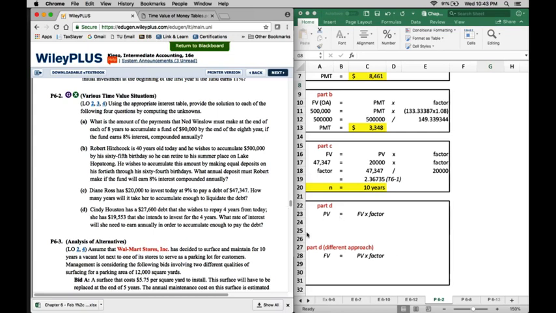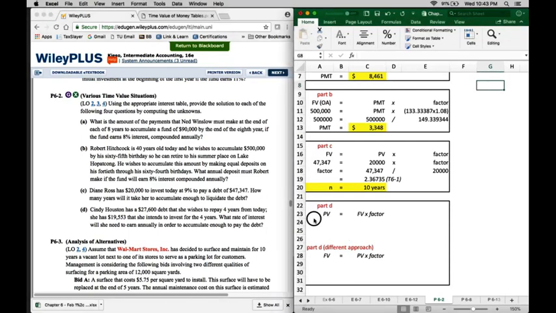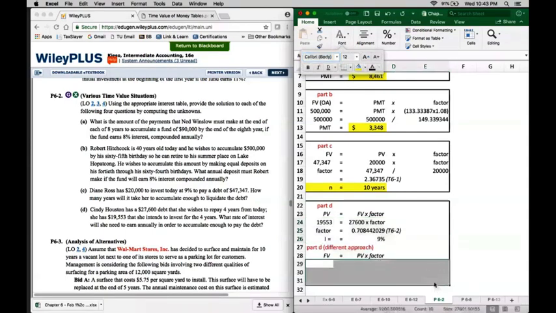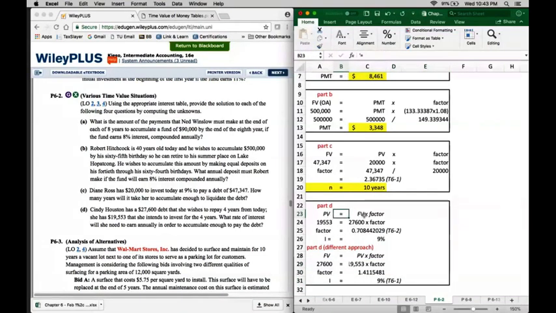So again, I know the present value, I know the future value. So I can look at it either way at table 6.1 or 6.2 to arrive at the answer. I'm going to highlight all of this and show you how we would do this. Either way you do it, you have to come up with the same answer. So if I did present value equals future value times factor, the factor I'm going to look up is in table 6.2 because I said present value equals.